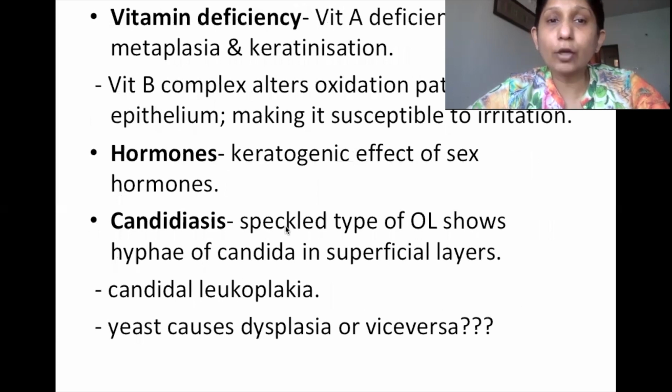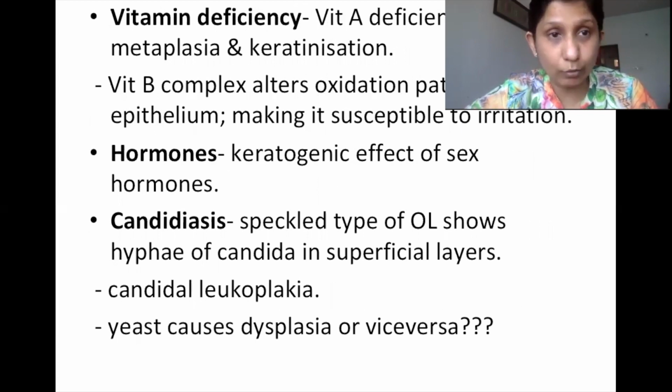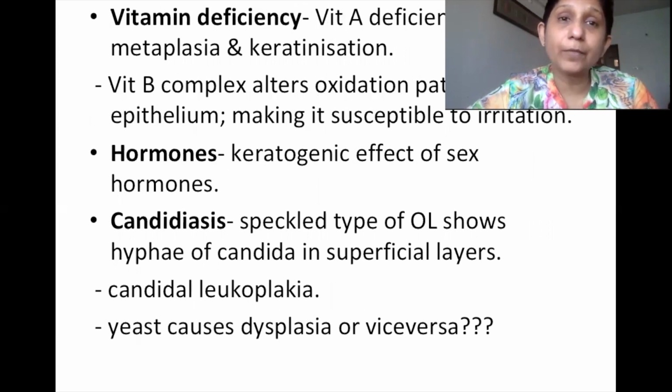Now, coming on to vitamin deficiency. Vitamin deficiencies can cause a lot of diseases. Vitamin A deficiency can cause metaplasia and keratinization. So an increase in keratinization can be seen when the level of vitamin A goes down, or you can see metaplasia. Metaplasia is basically the change of one type of adult cell to another.